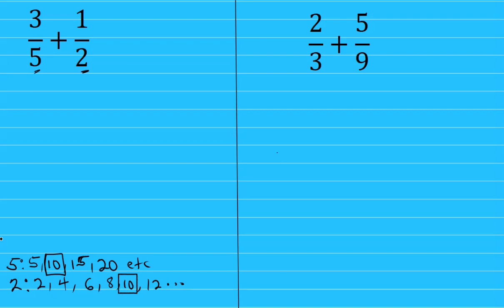That is the least common multiple of 5 and 2. Then that one becomes our LCM, the least common multiple.